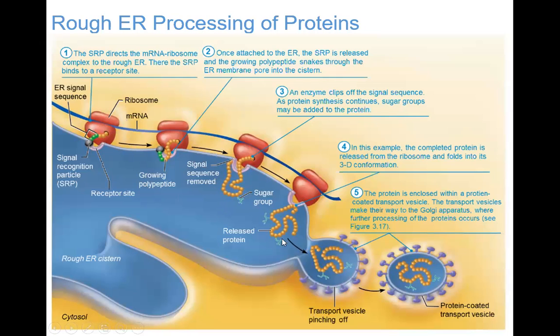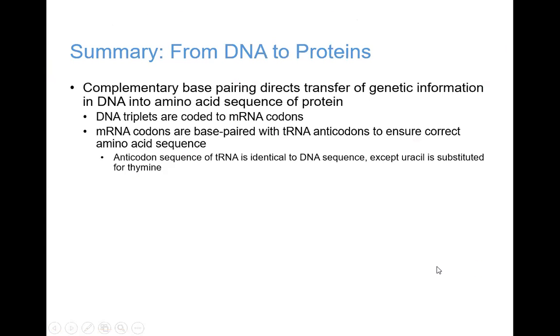Now the protein is captured in a transport vesicle and taken to the Golgi apparatus, where it is shaped and twisted and formed into its appropriate structure, and then gets released. So from DNA to proteins, it depends on complementary base pairing.